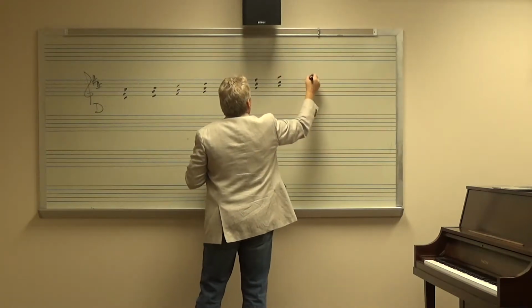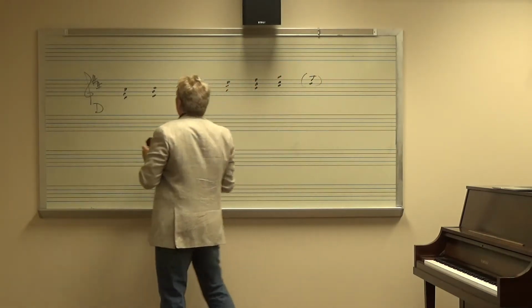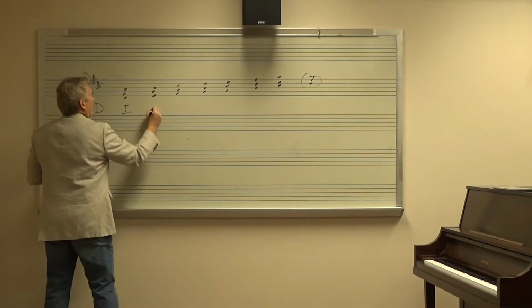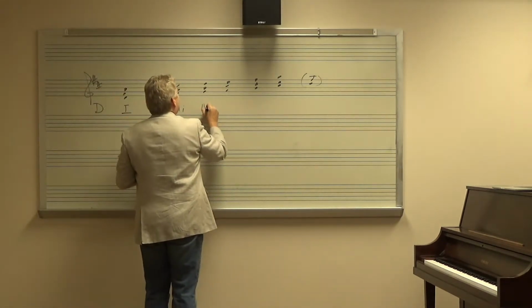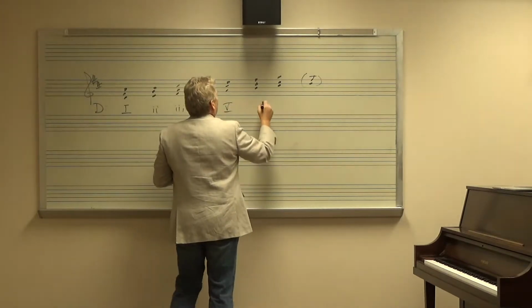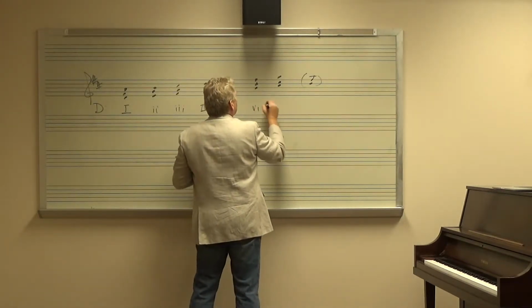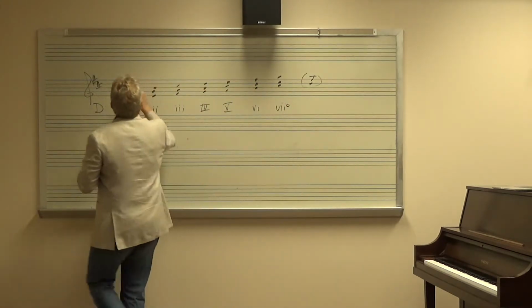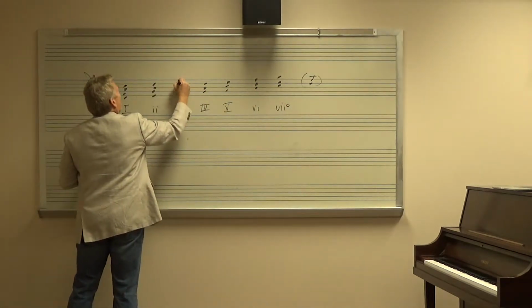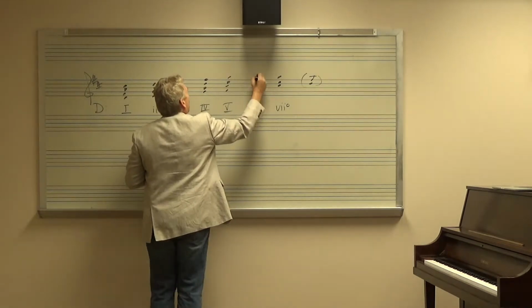Now this is important. Note here, my Roman numeral analysis is exactly the same as it was before. Nothing's changed. Now I'm going to add a 7th to this, 7th all the way through. So these are now all 7th chords.